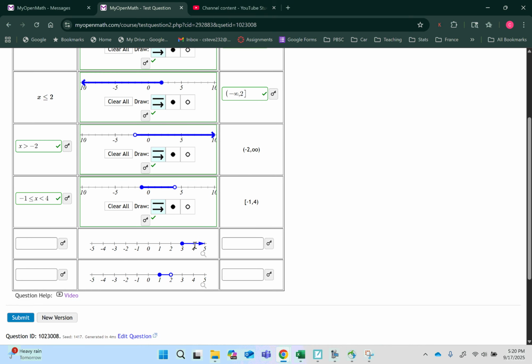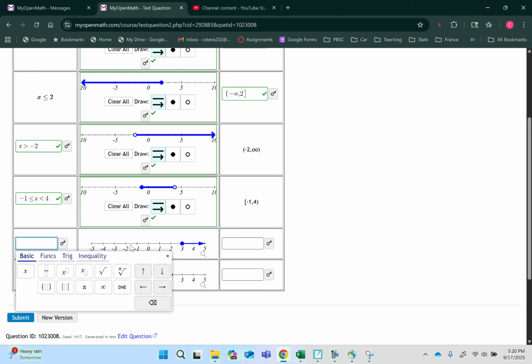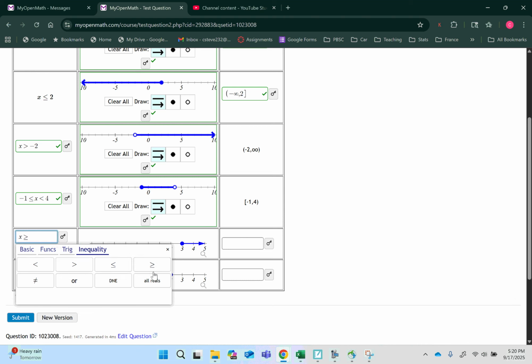All right, now the next one, we are actually going from the graph and translating that into each of the two formats, the inequality format and the interval notation. So I'll start here with the inequality notation, and I'm going to put x, and since it's pointing to the right, x is greater, but also we have a closed circle, so we're going to use that greater than or equal sign, and then we'll say 3.